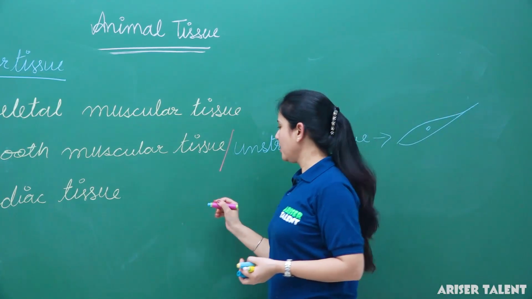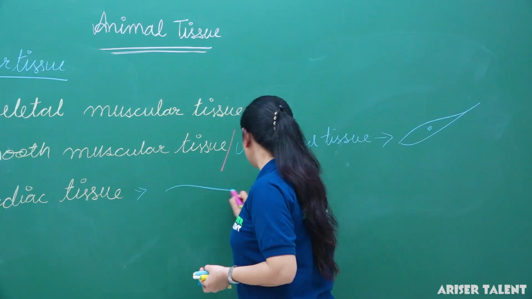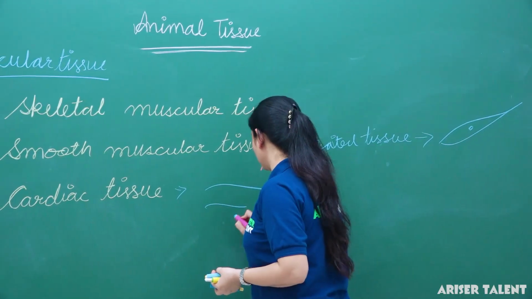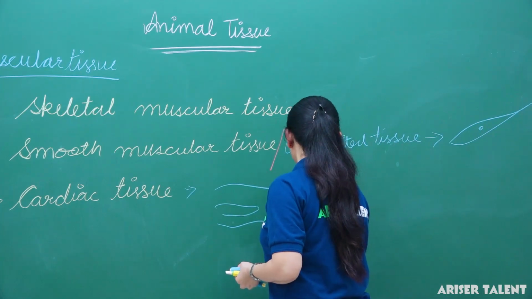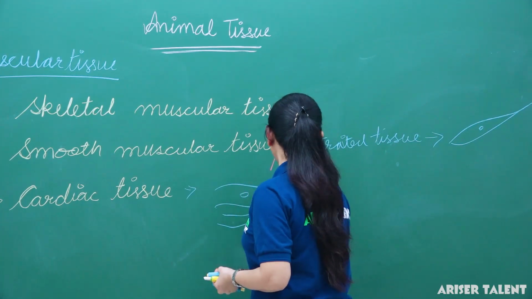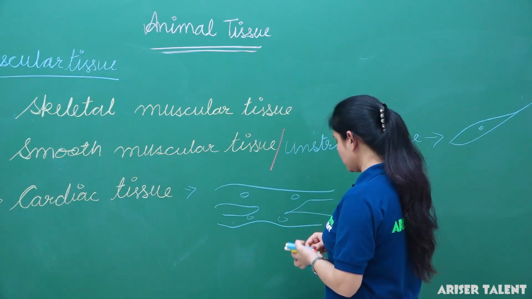Cardiac muscles are found in the heart, and they are branched. They contain more than one nucleus in each fiber. These are cardiac muscles.